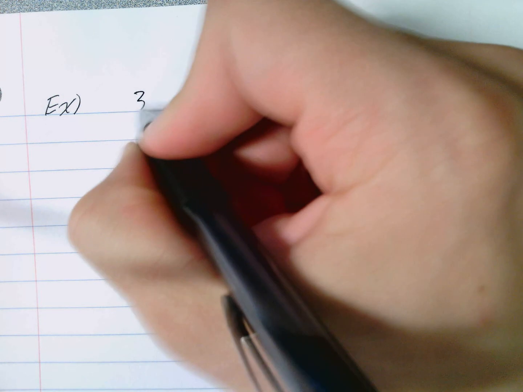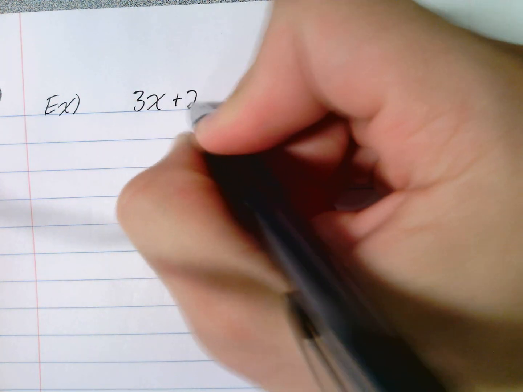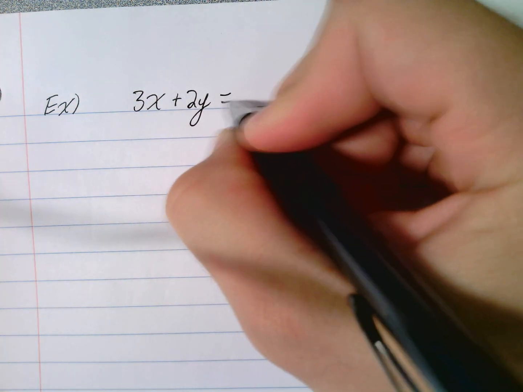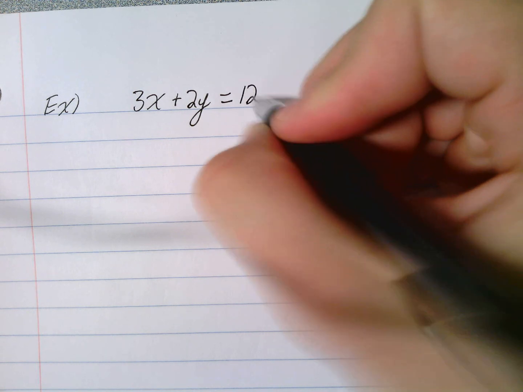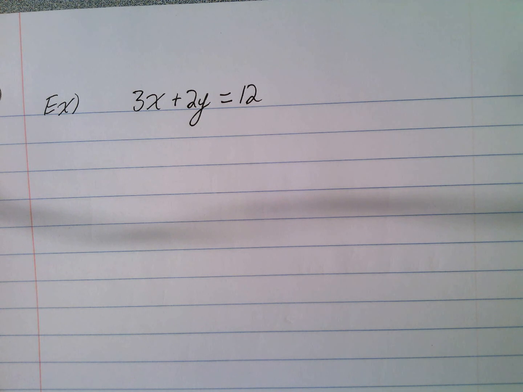Slope-intercept form is the equation for a line. So if I give you an equation, 3x plus 2y equals 12, is it linear?